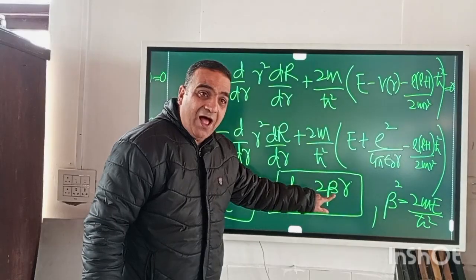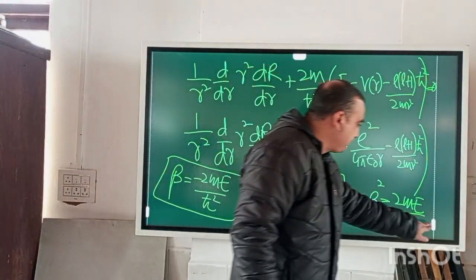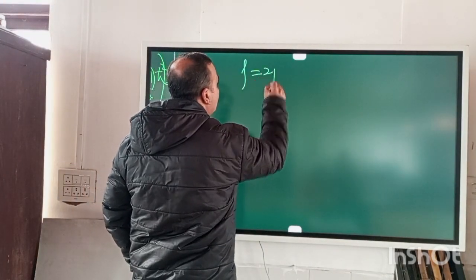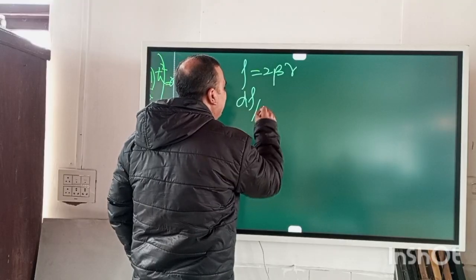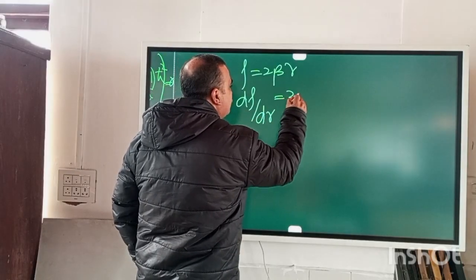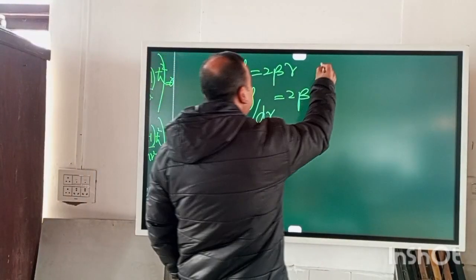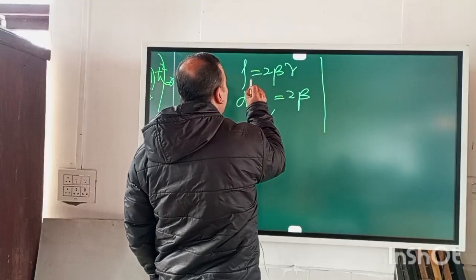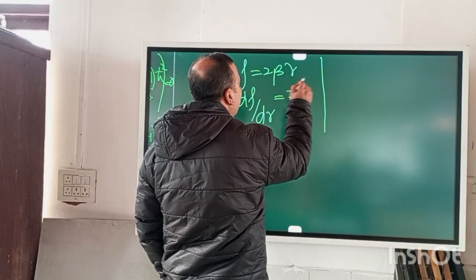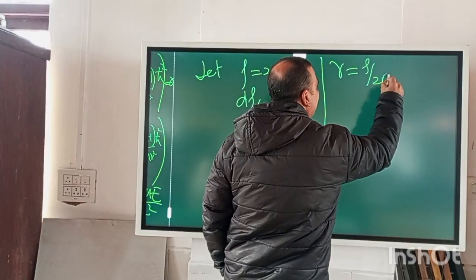Okay, so now rho is 2 beta r. Now let us go with it in a very conclusive manner. I have taken rho equal to 2 beta r. D rho by dr will be simply 2 beta. At the same time, if I have chosen rho as 2 beta r, that means r is rho by 2 beta.